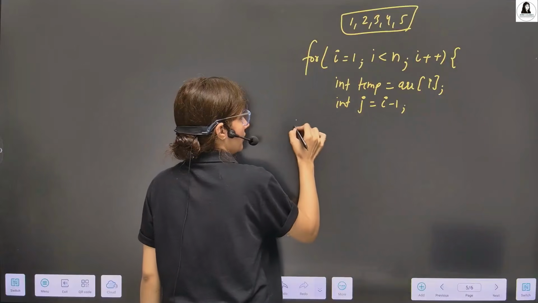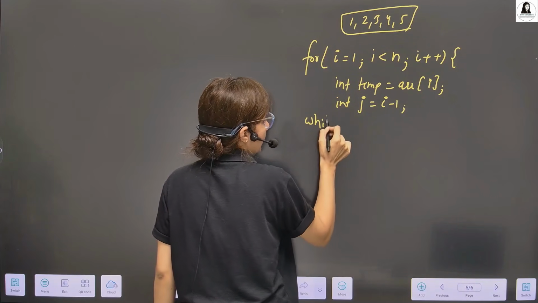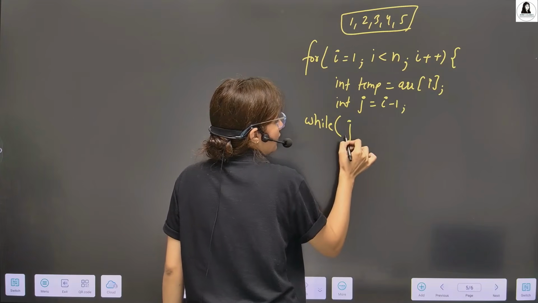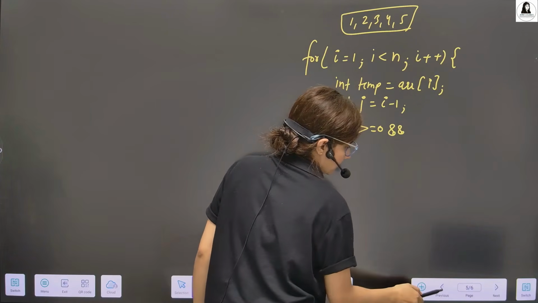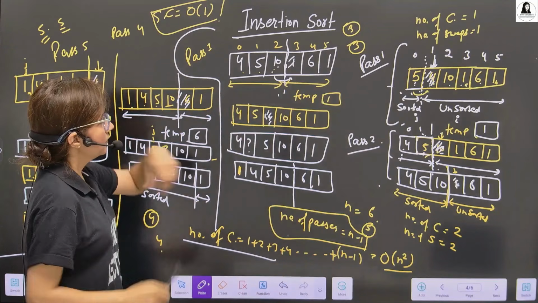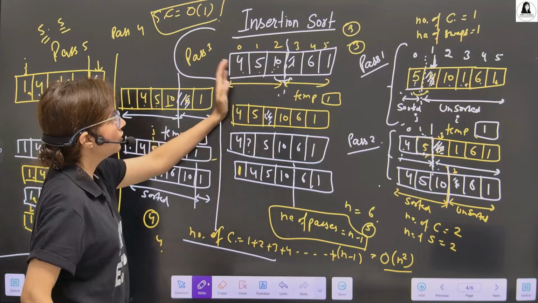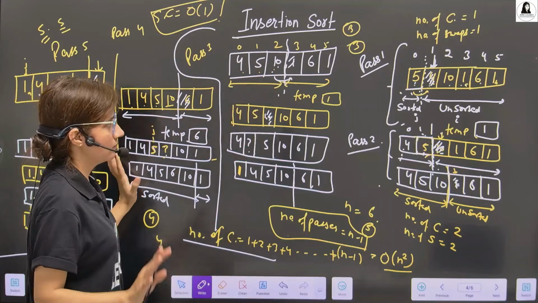There are two conditions. So we use while loop. So we use here while loop. While inner loop, while j is greater than or equal to 0 and this element. It's not that we keep comparing. No, sometimes we don't need to compare till 0.